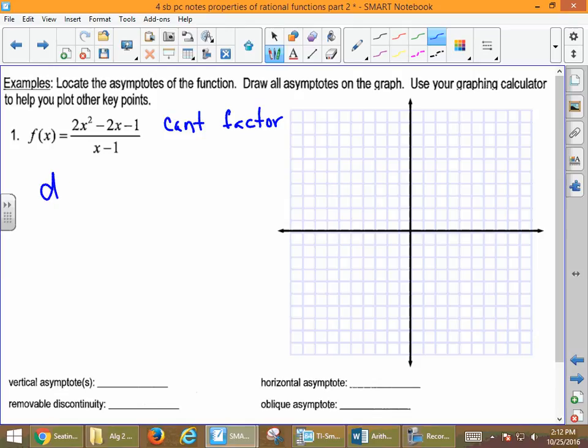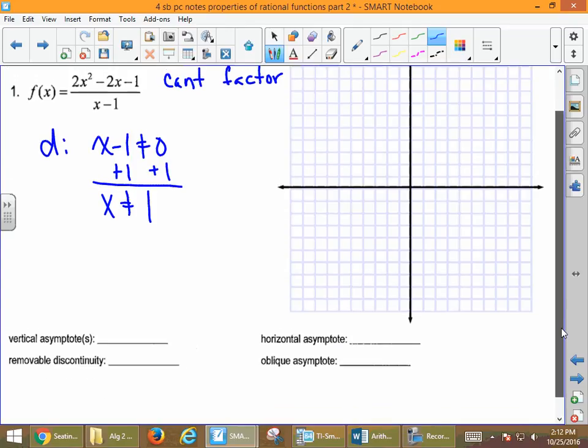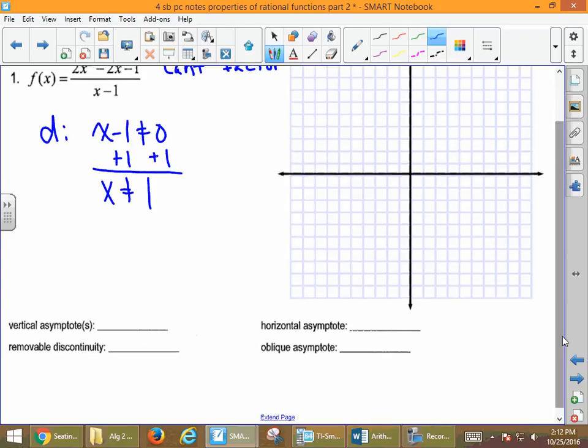But what we can tell here is, if we look at this problem, typically what we would say is, well, what's the domain of this function? And we would take our x minus 1 and we would set it not equal to 0. And consequently, then we would add the 1 to both sides and we get x doesn't equal 1. And what we've learned earlier in this week is that vertical asymptotes go along with the domain.